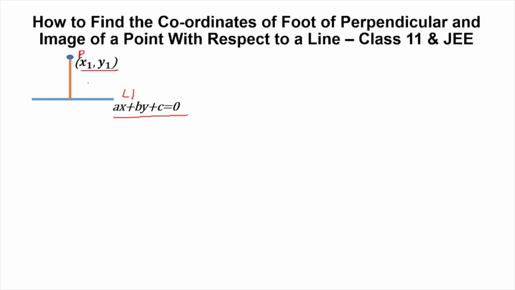Then one perpendicular is drawn from the point P to the line L1, and the point where this perpendicular meets the line L1, let us assume this point is P1.